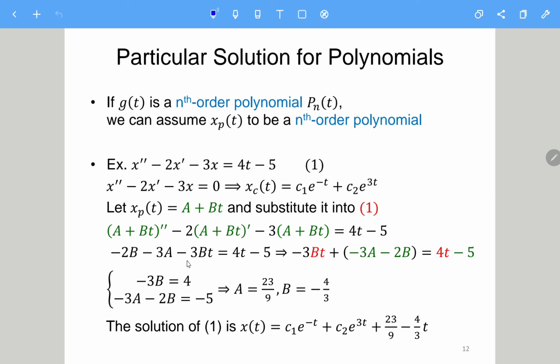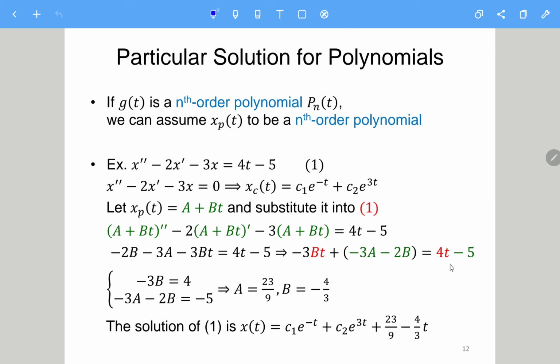We can collect the terms: -3bt here, and the remaining terms in the brackets, equals 4t minus 5. Now we compare the coefficients, -3bt and 4t.